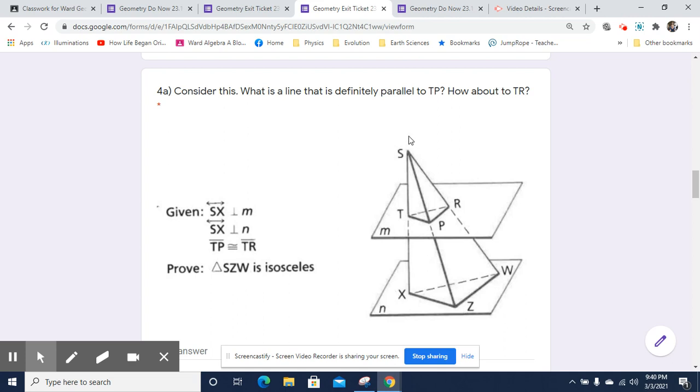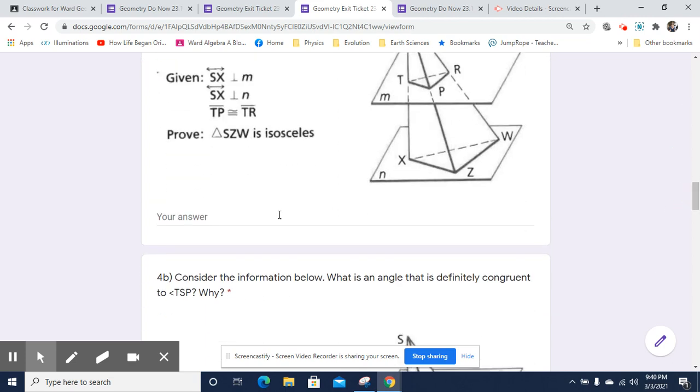And what you also need to get is that SXZ make a plane. So STP and XZ are on the same plane. So we can treat TP and XZ as being on the same plane and perpendicular to SX, so they are also parallel to each other.